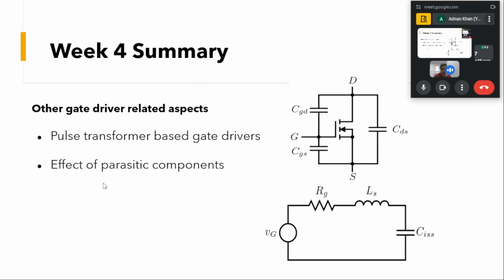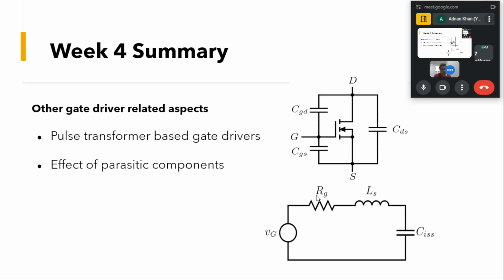The other thing is, earlier we had seen the structure of our devices, where for the MOSFET we had the drain, gate and source. We had seen this parasitic capacitance between these terminals. Besides these parasitic capacitances, we have some other parasitics as well, like this LS. You can see there are some traces between the source and gate, which will have some parasitic inductance.